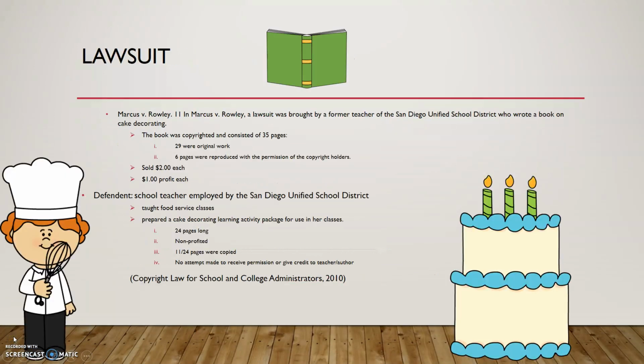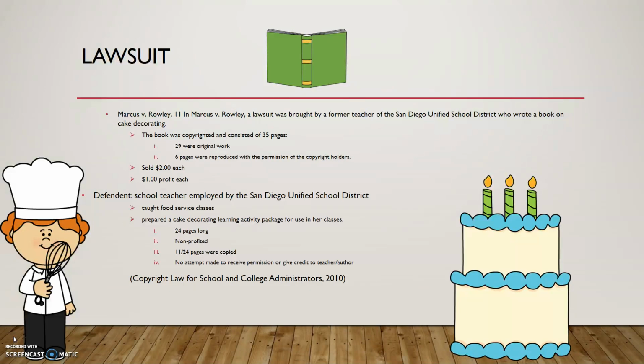Okay, so I'm going to talk to you guys about two examples of what can happen when copyright infringements are made and copyrights are violated. One of the cases is Marcus versus Rowley. In this case, a lawsuit was brought by a former teacher of the San Diego Unified School District who wrote a book on cake decorating.